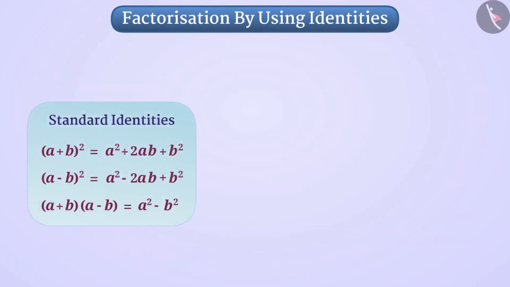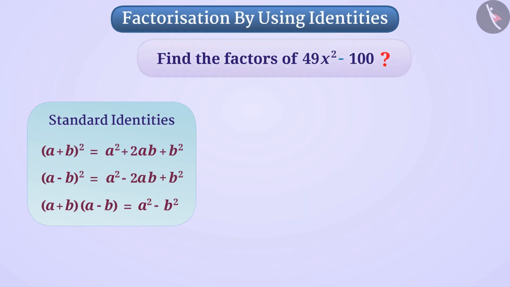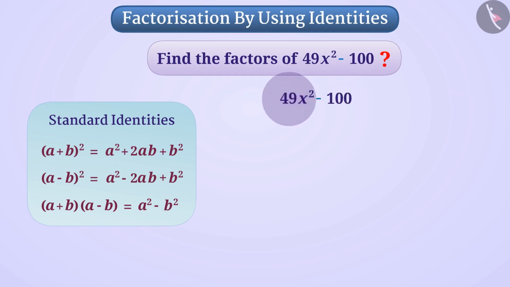Now, pause the video and find the factors of 49x square minus 100. Let me tell you, we can write 49x square as (7x) square and 100 as 10 square. In this way, both terms of this expression are perfect squares.